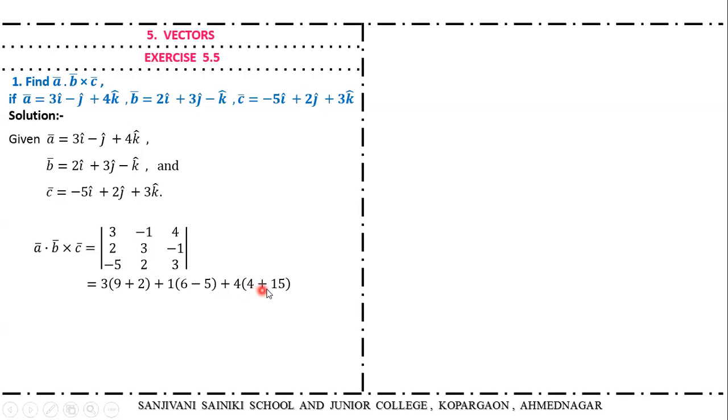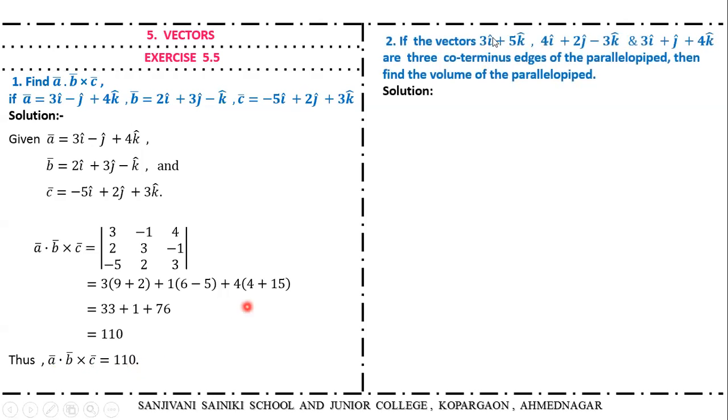So minus and minus becomes plus 15. 9 plus 2 is 11. 11 into 3 is 33. 6 minus 5 is 1. 1 into 1 is 1. 15 plus 4 is 19. 19 fours are 76. So you get the answer 110. So thus a̅ · (b̅ × c̅) is 110.